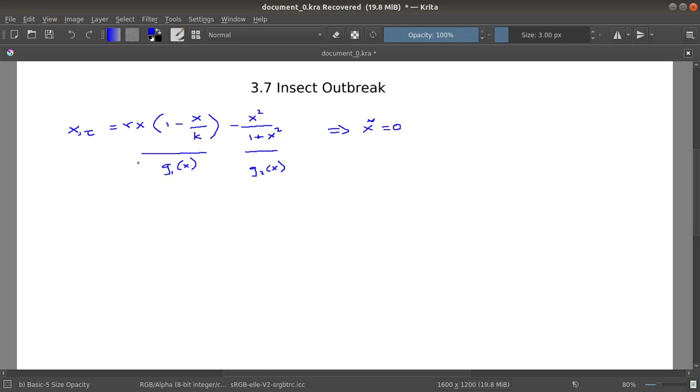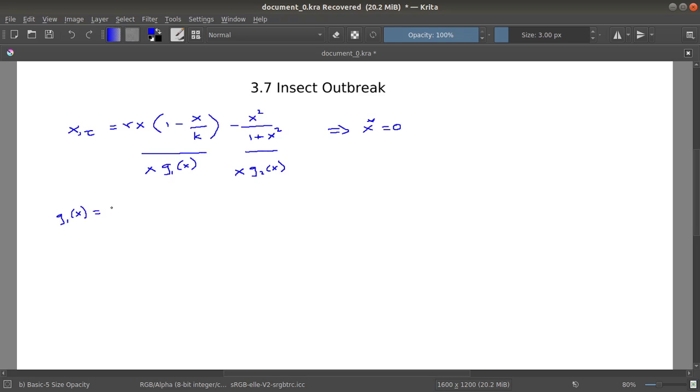So actually x into g1 of x is what this one is, okay? So basically what I'm going to do is plot this term divided by x, and the same thing for this one as well, okay? So what is g1 of x?